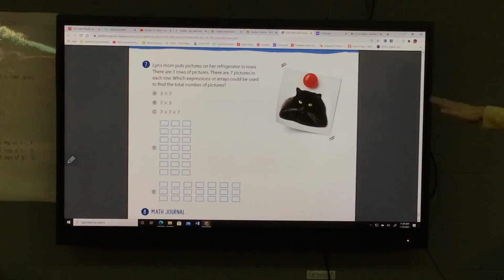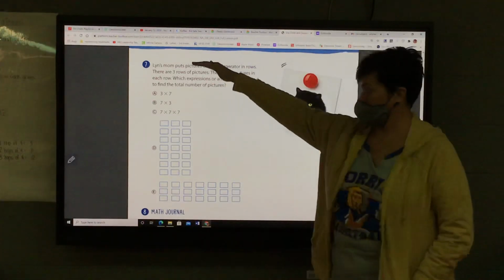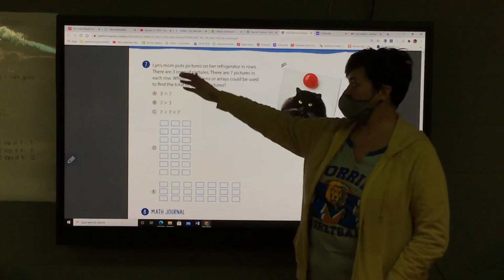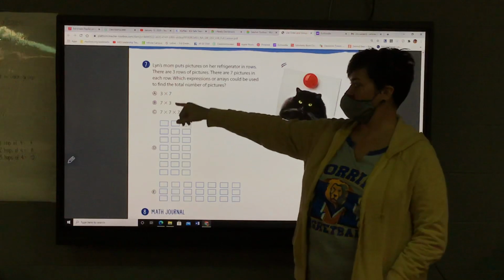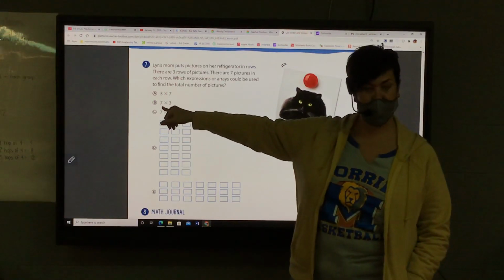So all of these go with problem 7. These arrays go with it. These multiplication equations go with it.